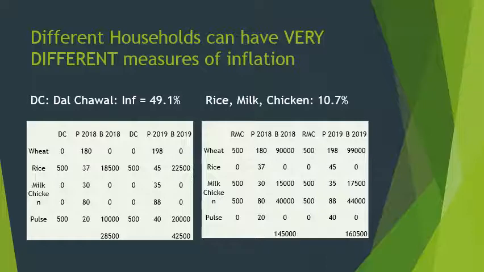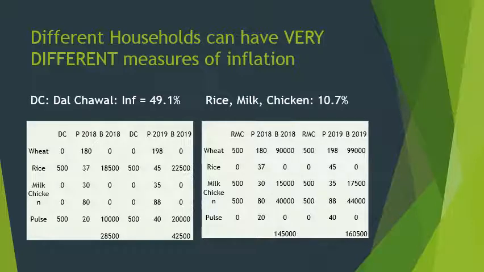So if we look at their budget in 2018, it comes out to 28,500 rupees. But when we look at 2019, it becomes 42,000. And that's because the price of pulse doubled from 20 rupees to 40 rupees. And since this household purchases a lot of pulse, it had to double its expenses on pulse.